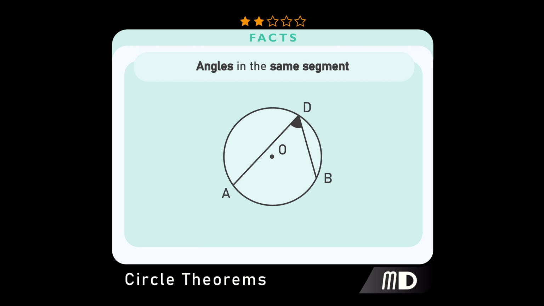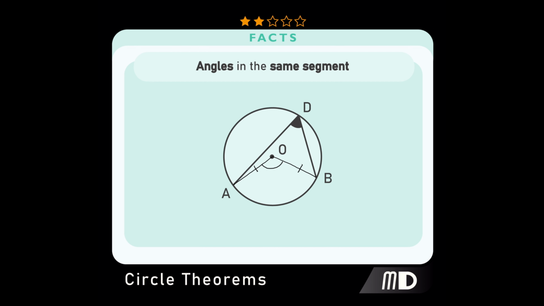A radius drawn from point A to the centre O and a second radius drawn from the centre to point B creates an obtuse angle at the centre of our circle, AOB.